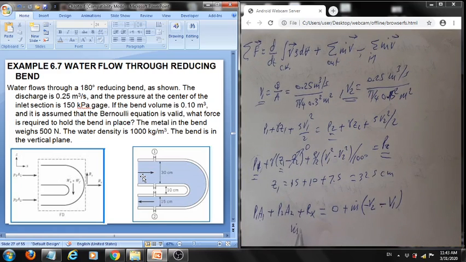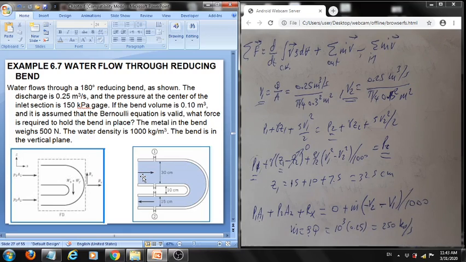Again, m dot is rho Q, density times discharge, which will be 1000 times 0.25, so it will become 250 kilogram per second. Again, if we substitute for the pressure in kilopascal, we need to divide by 1000 to make the units consistent.